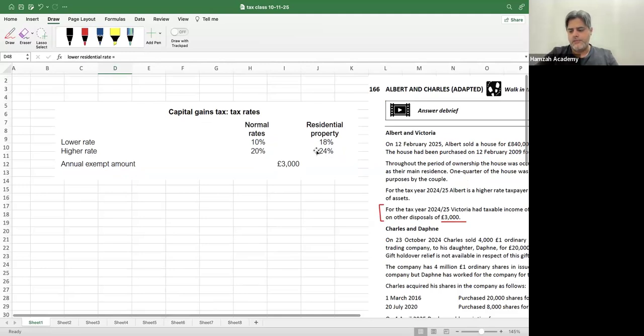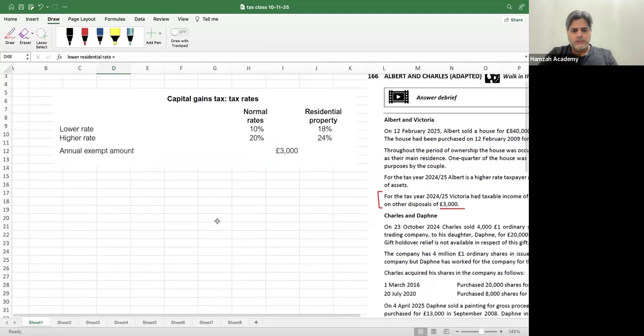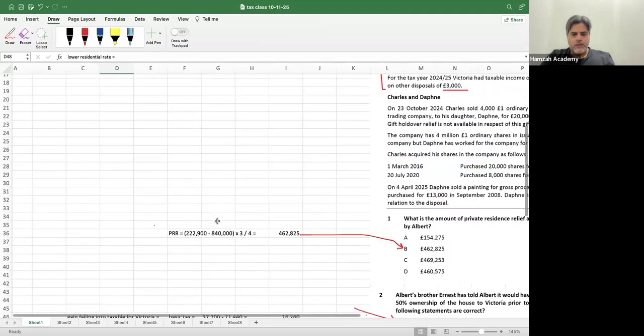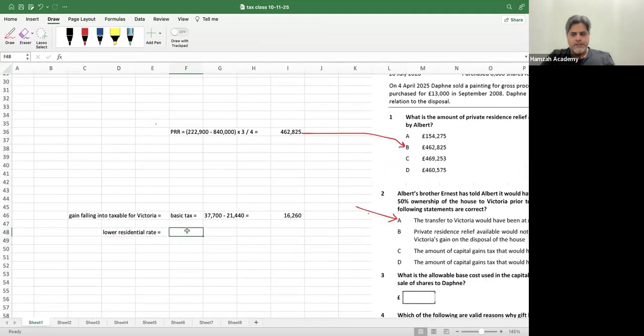So we are going to have the lower residential rate over here, and that is going to be 16,260 into 6%, right?